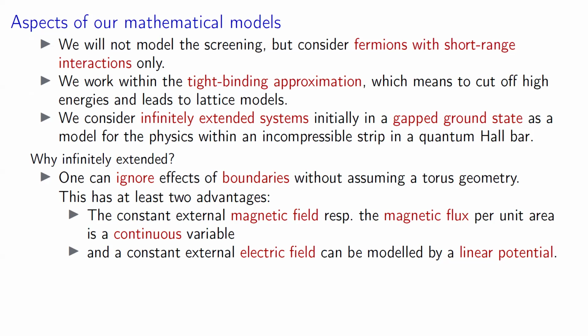You can describe everything in the usual Hilbert space quantum mechanics formalism. As we will see, if we look at infinitely extended systems with infinitely many electrons, we have to slightly change this mathematical formalism. But why do we also not want to have boundaries?